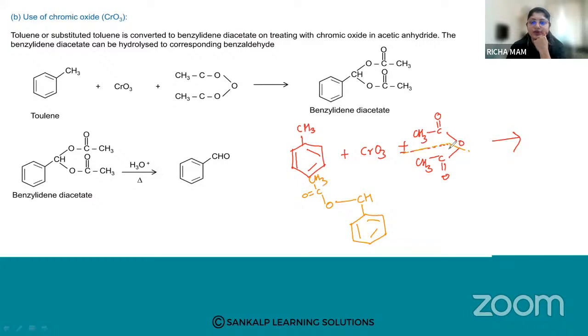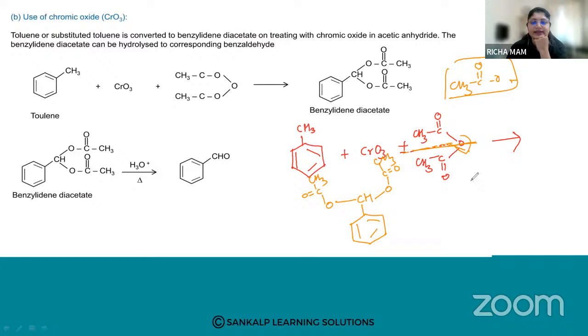Then again one molecule, where the oxygen is shared, again O, C double bond O, CH3. This is benzylidene diacetate because there are two acetate groups. CH3CO is acetate, so two acetates make it a diacetate.